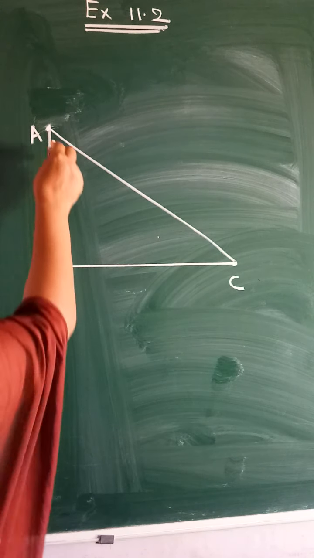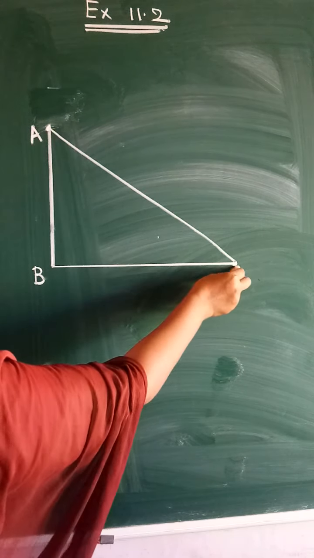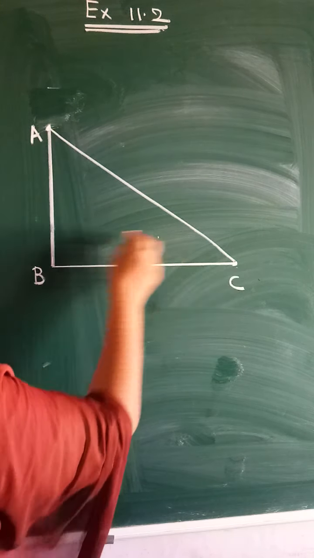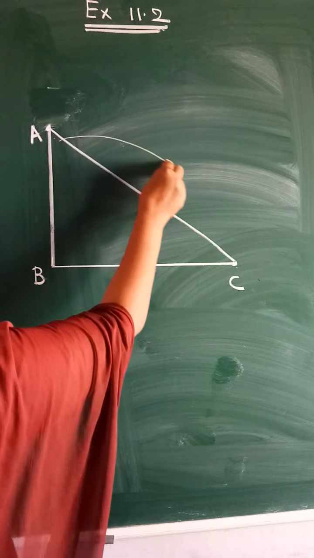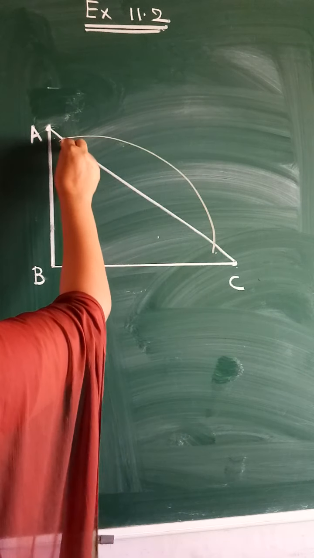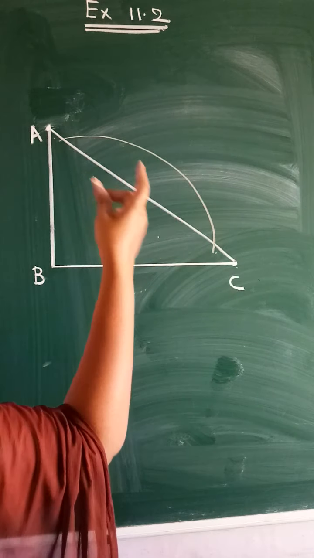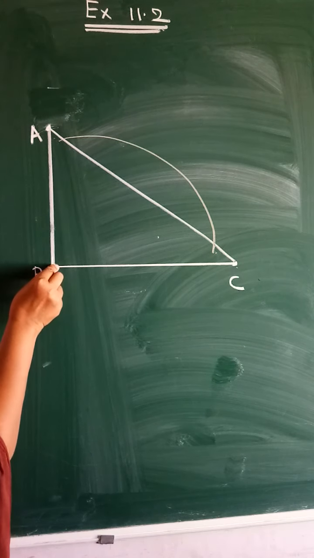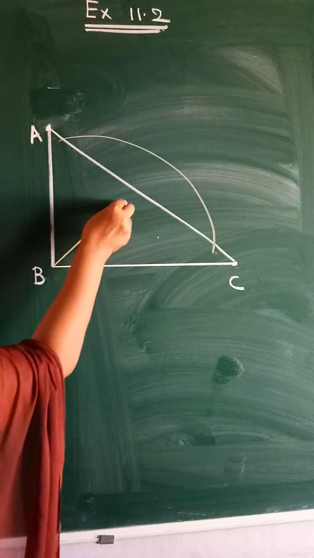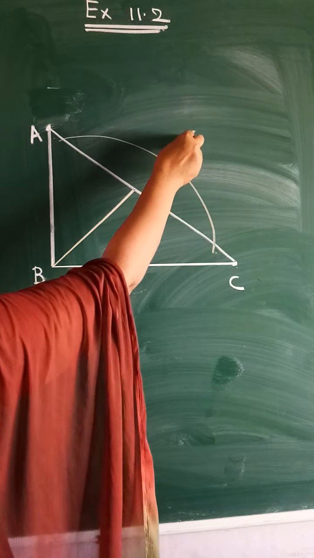So here take any arbitrary radius of your choice, give an arc on AC like this, and draw the perpendicular from B. In the last figure I have shown you. So here first of all you will draw it like that.